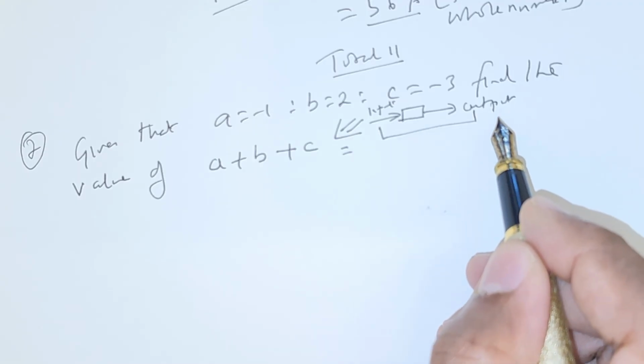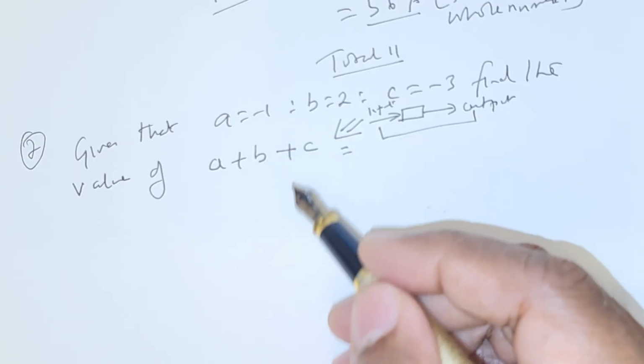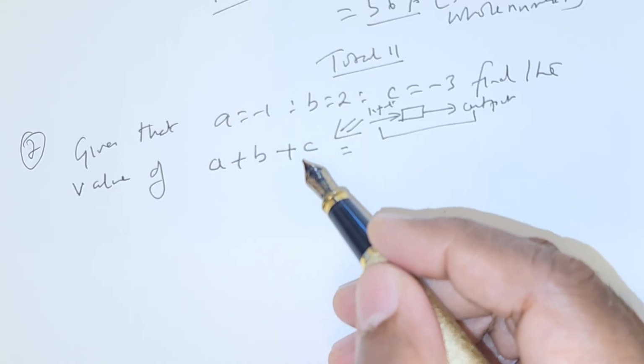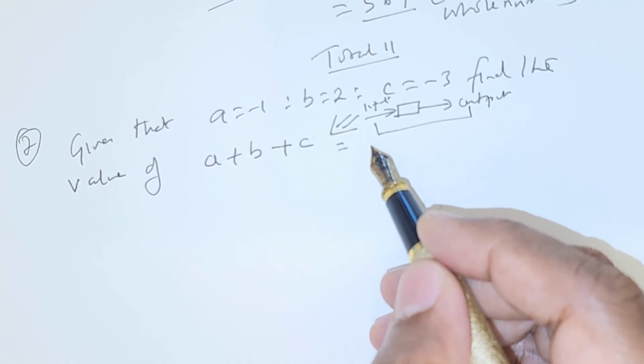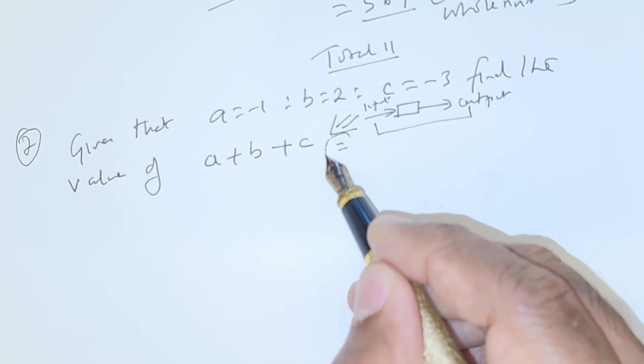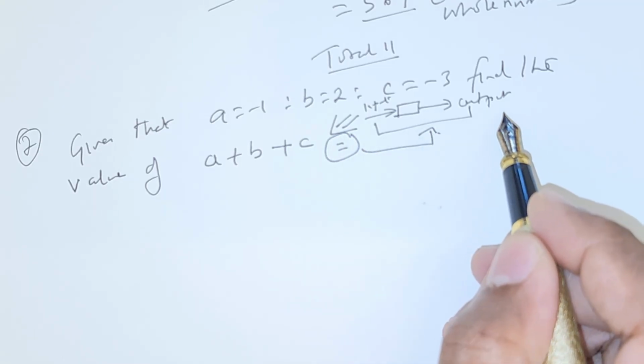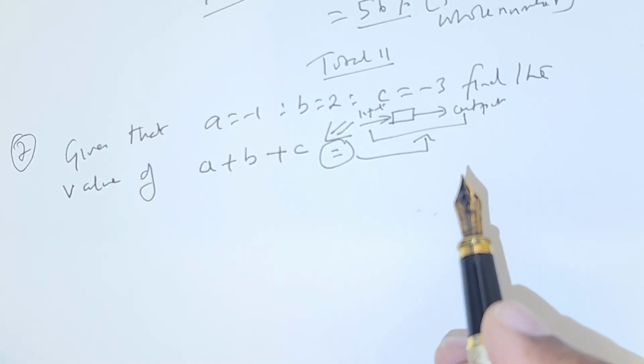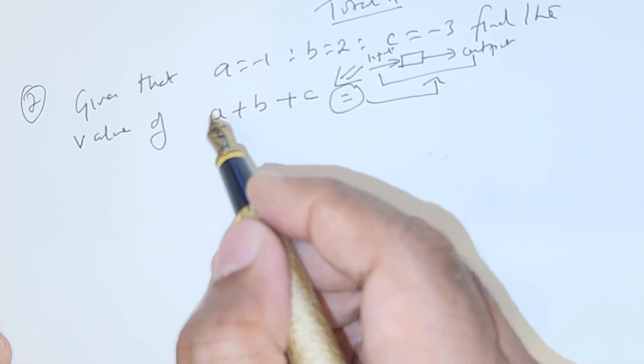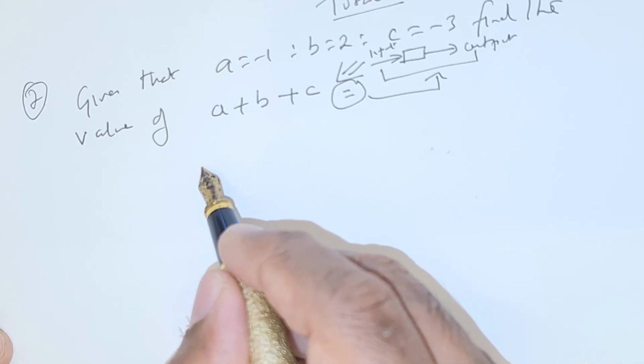Before you design anything, you have to hard code it, meaning you have to manually figure out what is the outcome, because that outcome will be compared to the actual output that you are getting.